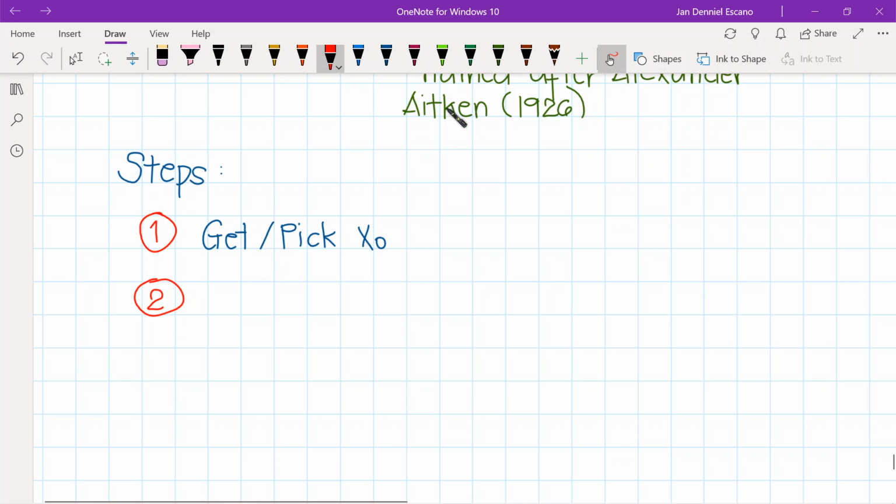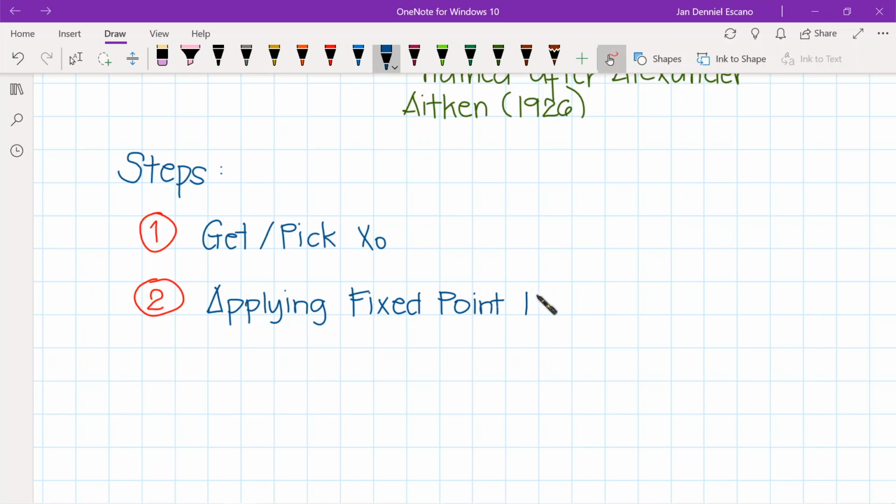Second, by applying the concept of fixed point iteration, we can get x sub 1, which is equal to g of x sub 0, and we can get x sub 2, which is g of x sub 1.